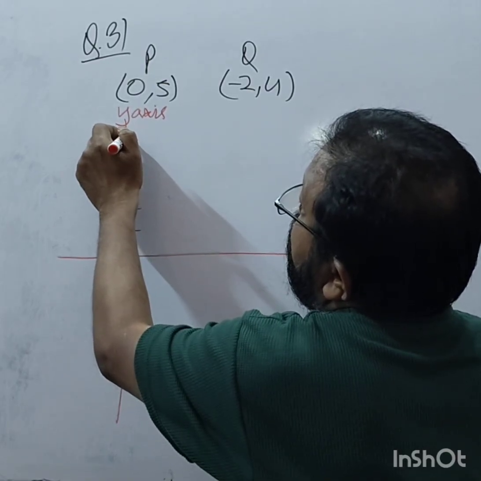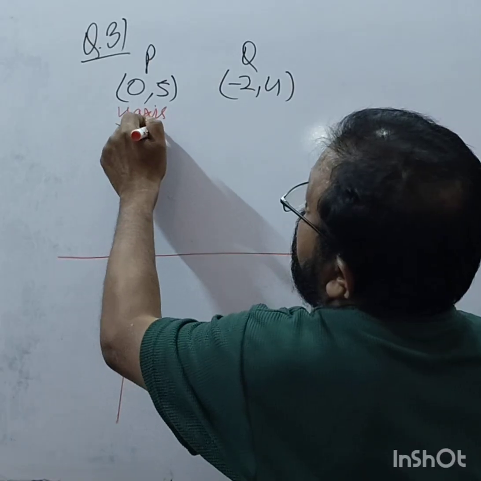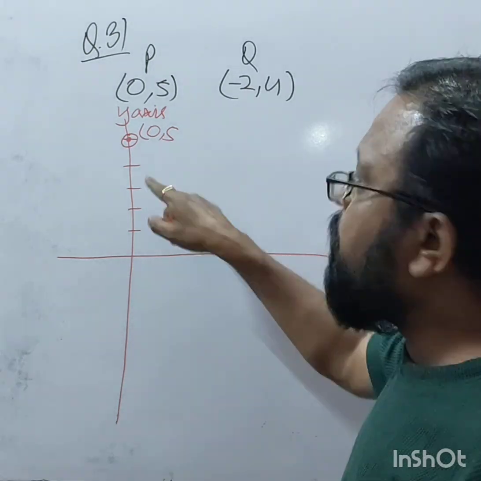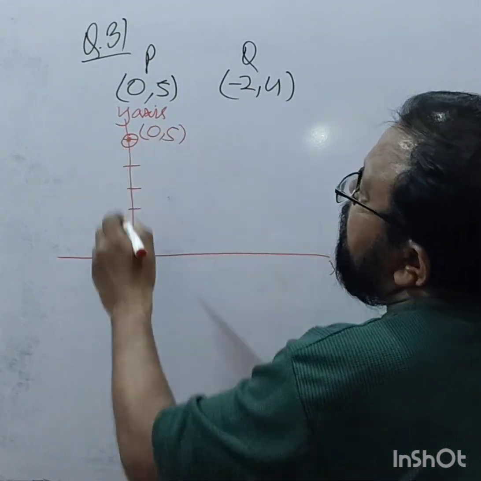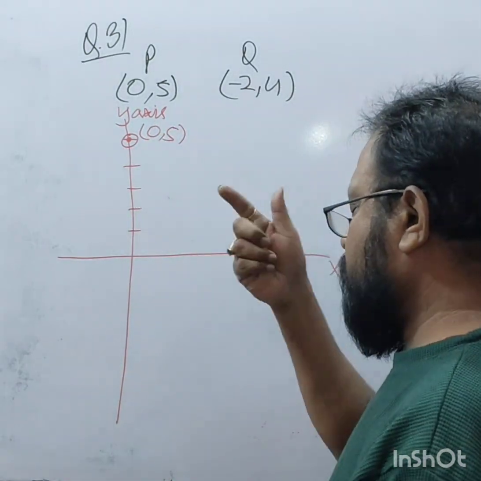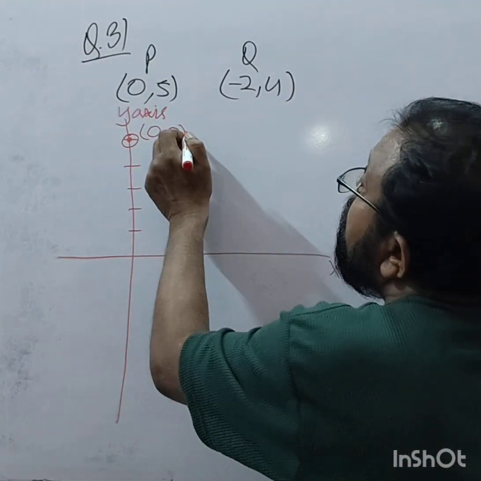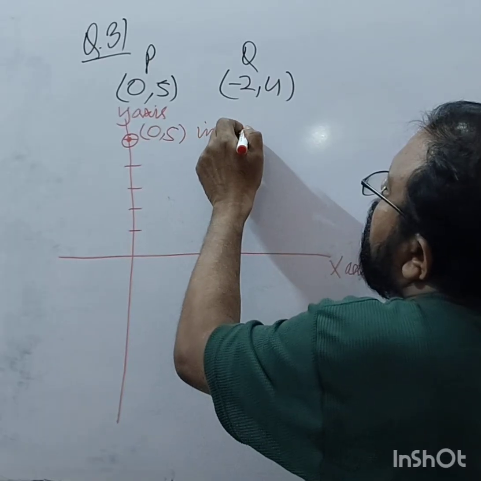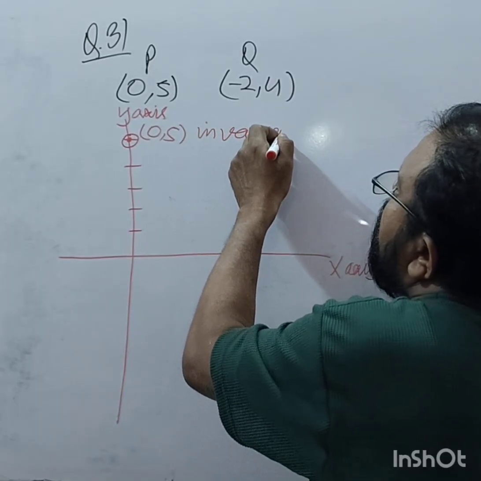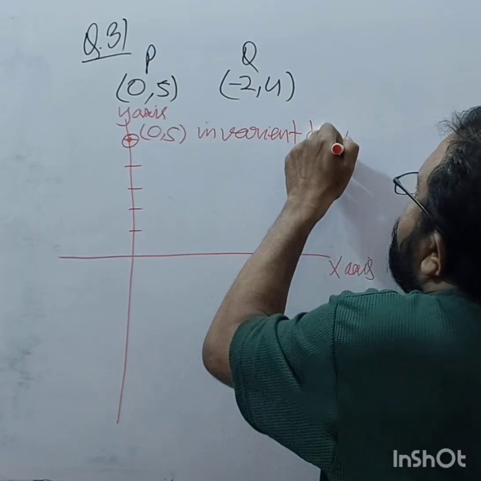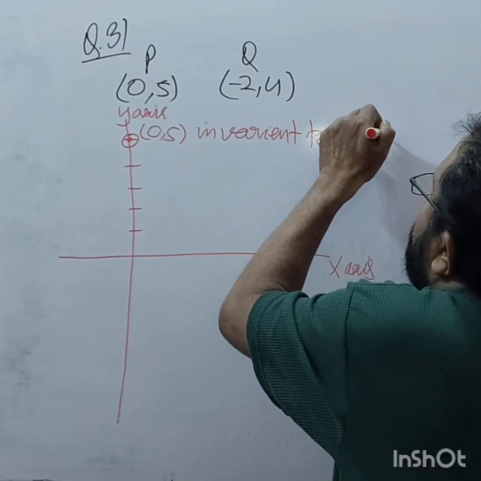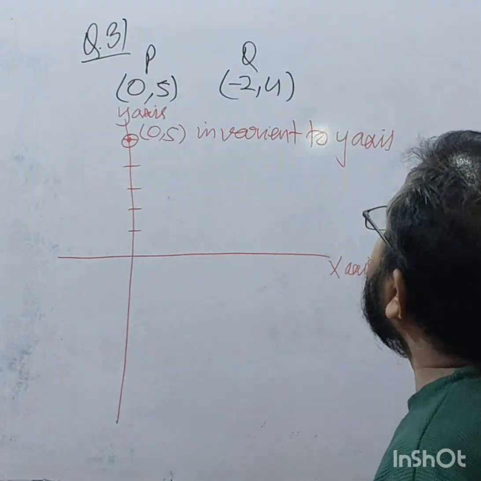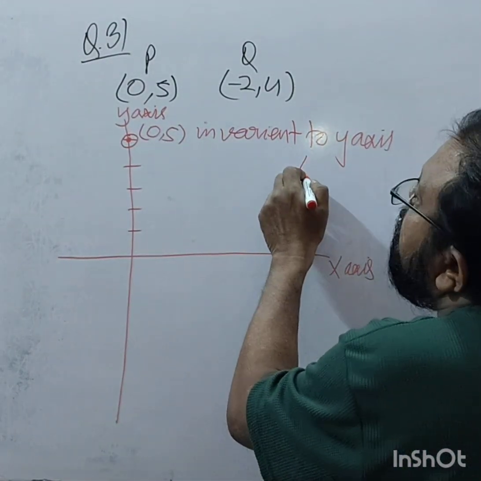When the point is 0, 5, it means it is invariant to the y-axis.